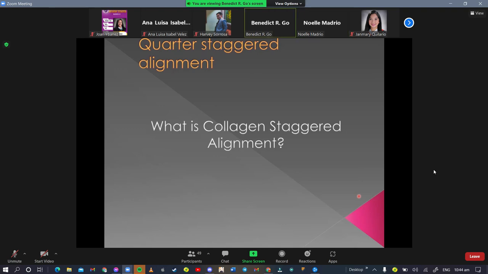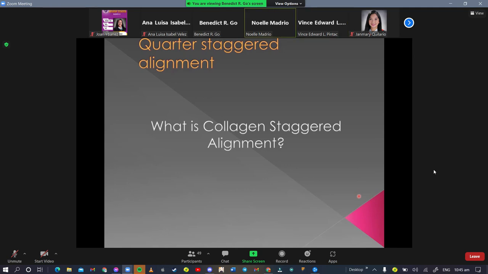Collagen staggered alignment. Yes, so that's when the fibrils are basically located a quarter away from each other, I think. So there are gaps between your fibrils.